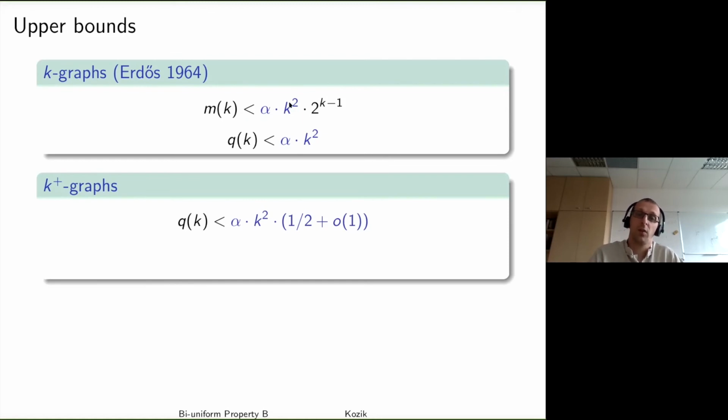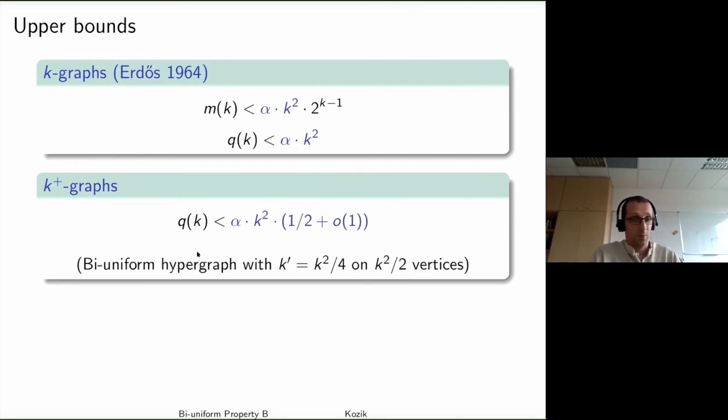So it is k squared times 2 to the k. Now this alpha is a very specific constant. Think of this as a specific constant. So in terms of Q, this weighted sum, it looks like alpha times k squared. And in case of non-uniform hypergraphs, we can improve it by a bit, cutting this multiplicative factor by half.